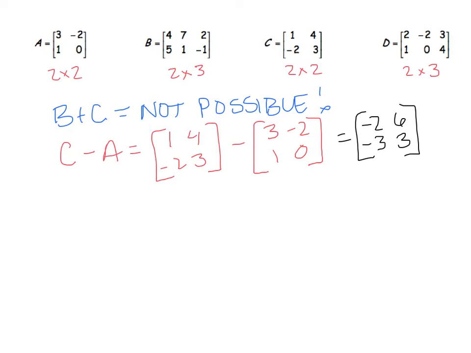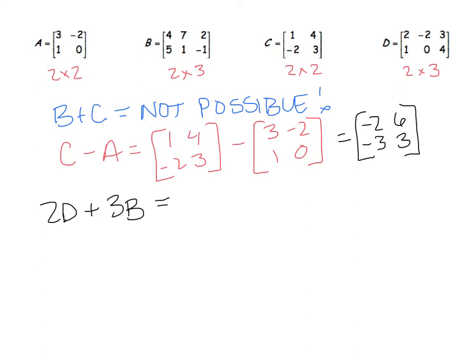We can also put together all of the stuff that we've been talking about: our scalar multiplication, our adding, and subtracting. So we might have to find 2D plus 3B. What that means is that we need to find twice matrix D and 3 times matrix B, and then add those two things together.